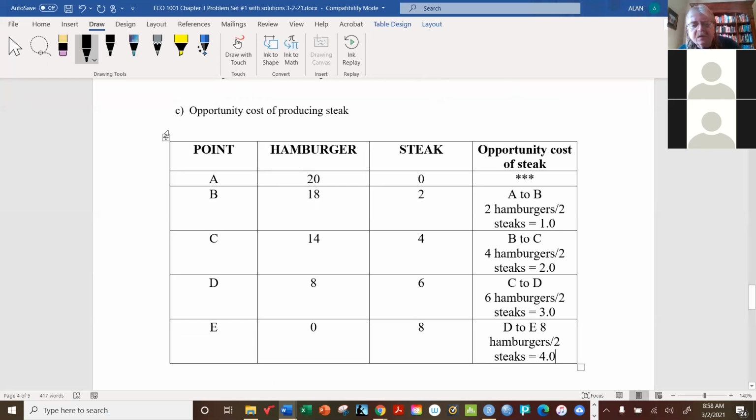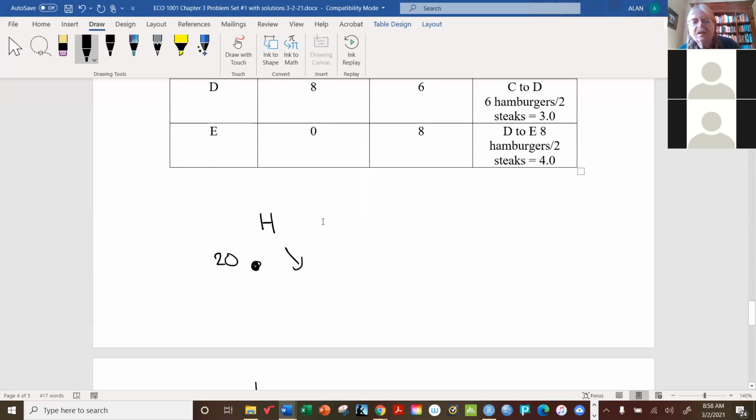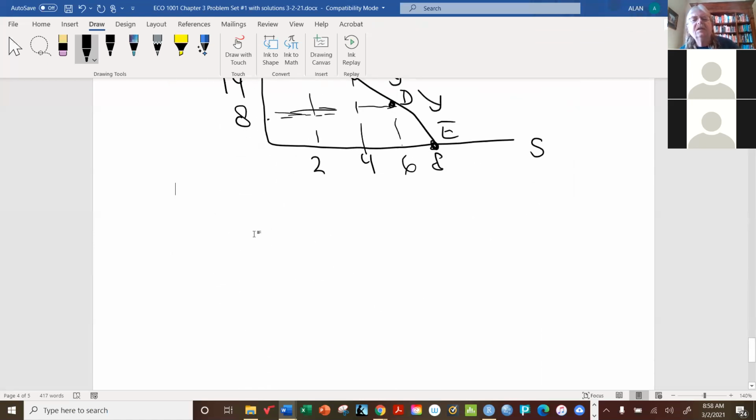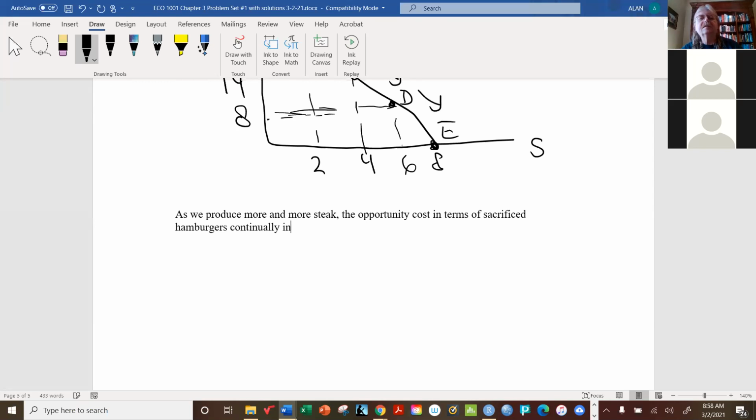So now this time, if we go from A to E, you'll notice that we keep losing more and more hamburgers. So just like in the other case with the steaks, as we produce more and more steak, the opportunity cost in terms of sacrificed hamburgers continually increases, which is exactly what we would have expected.